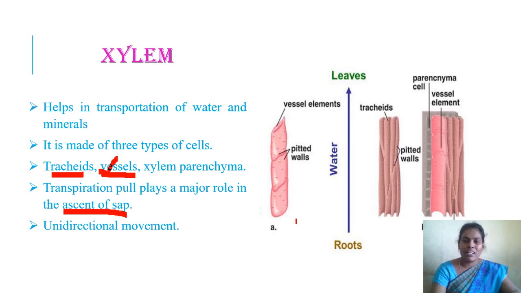Those are long tube-like structures with smooth walls, which allow the water to pass from one cell to another. This is about xylem. The movement of the water is only unidirectional, from down to up.